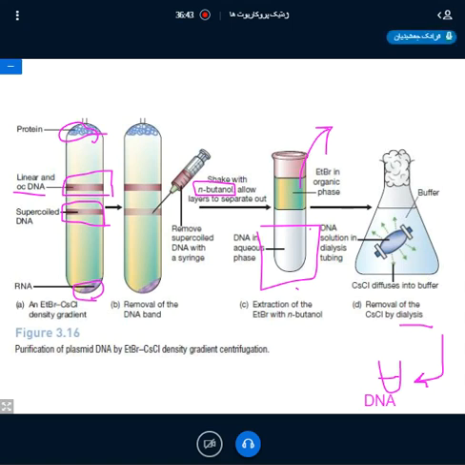Anybody tell me, please? What should we do next? We should concentrate the DNA. How do we concentrate the DNA? In the previous sessions, I told you. How can we concentrate the DNA?